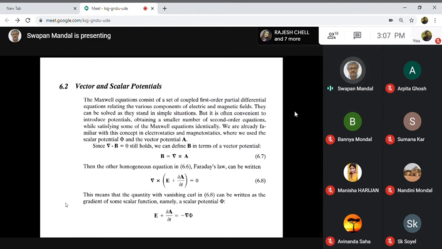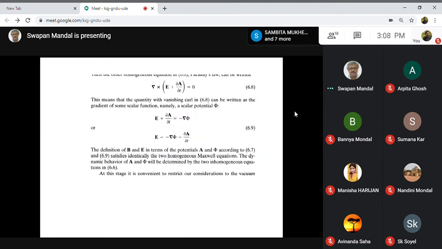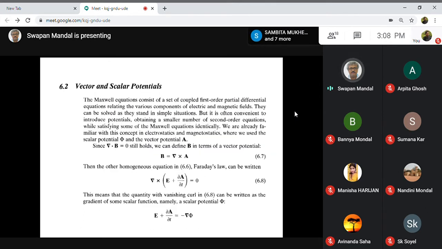So E plus del A del T equals minus gradient of phi, where phi is the scalar potential. Recall your electrostatic problem: if the del A del T term is not there, you get back E equal to minus gradient of phi. Only thing is that the electric field has now got modified because of this term.